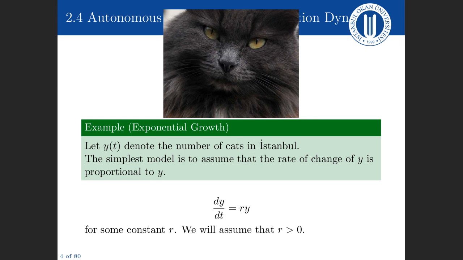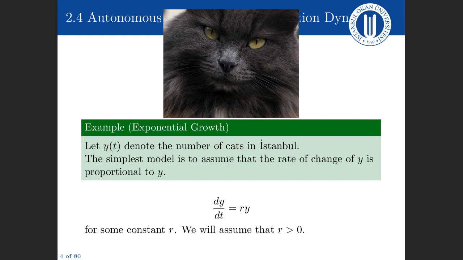The first example, let's talk about the number of cats in Istanbul. Let y of t denote the number of cats in Istanbul at time t. We'll start with the simplest model that we can think of. We're going to assume that the rate of change of y is proportional to y. In other words, if there are lots of cats, that means lots of baby cats, and y would increase quickly.